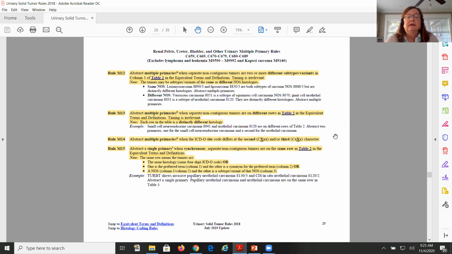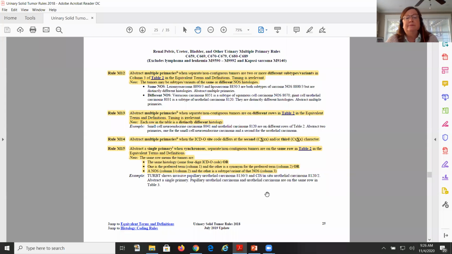M13, again, abstract multiple primaries when separate non-contiguous tumors are on different rows in table 2. You've seen that rule before. M14, abstract multiple primaries when the ICDO site code differs at the second and or third character of the topography code.